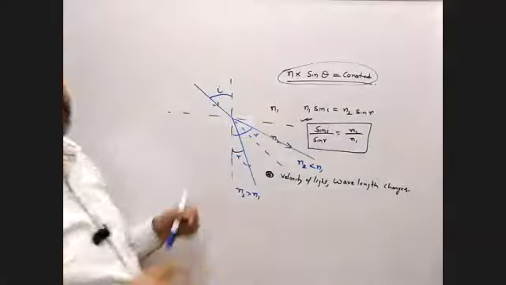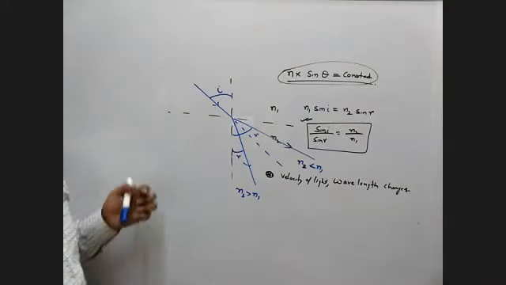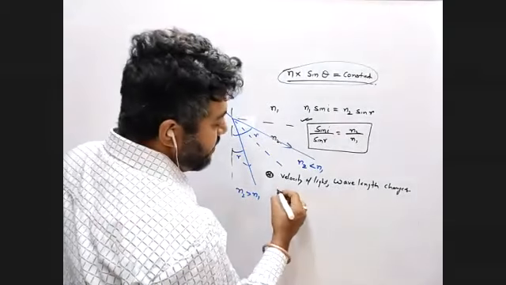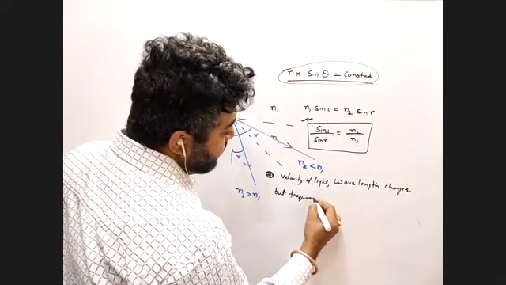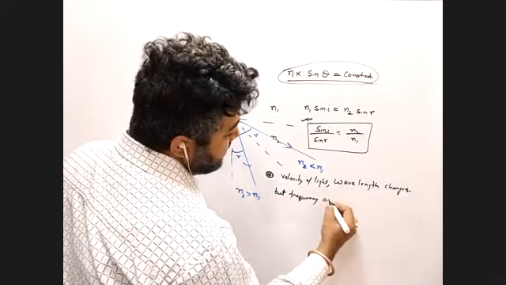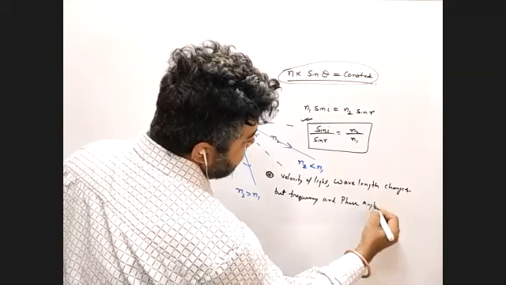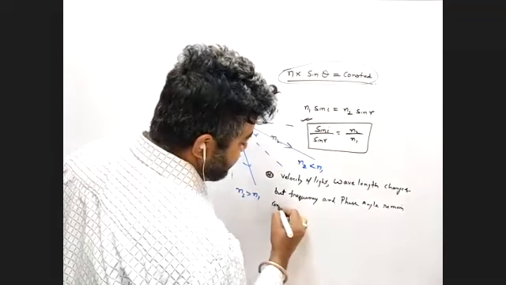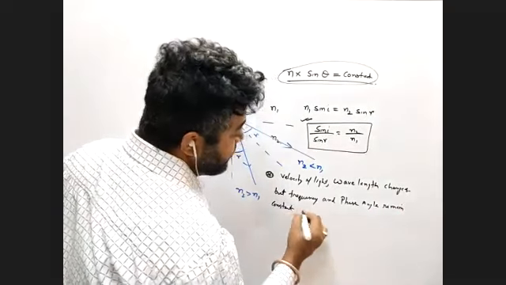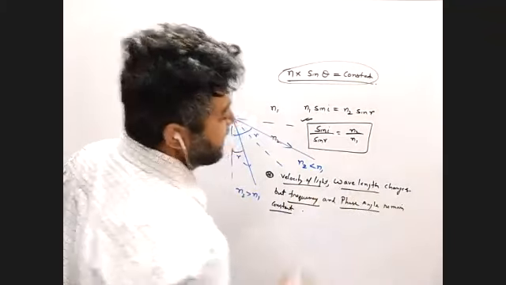So when light travels from one medium to another medium, velocity of light and wavelength change, but frequency and phase angle remain constant. So these are very, very important. These two remain constant and these two are variable.